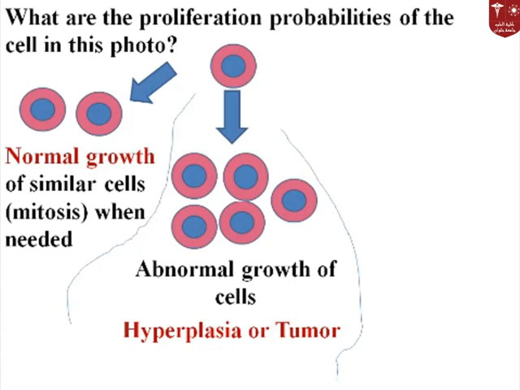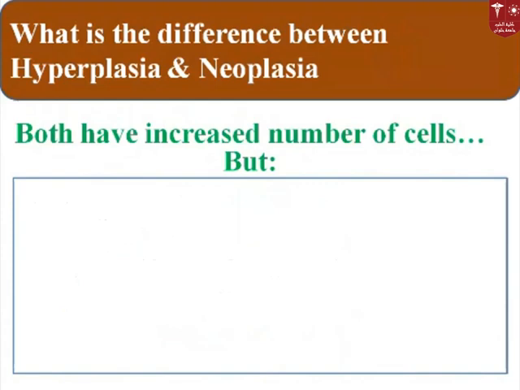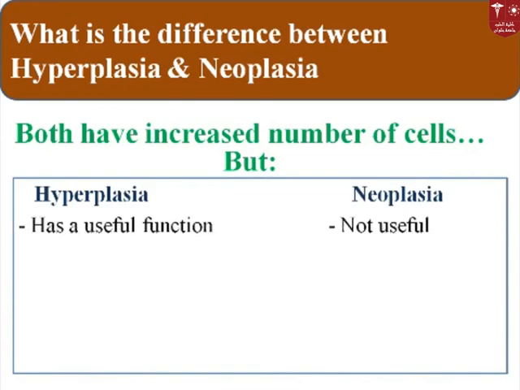So what is the difference between the two? Hyperplasia, if you attended the first module in the year, is a form of adaptation. What's meant by adaptation? The cell tries to survive some external changed factors in the environment. So hyperplasia is a growth of cells that has a certain useful function, right? However, neoplasia has no useful function, right?